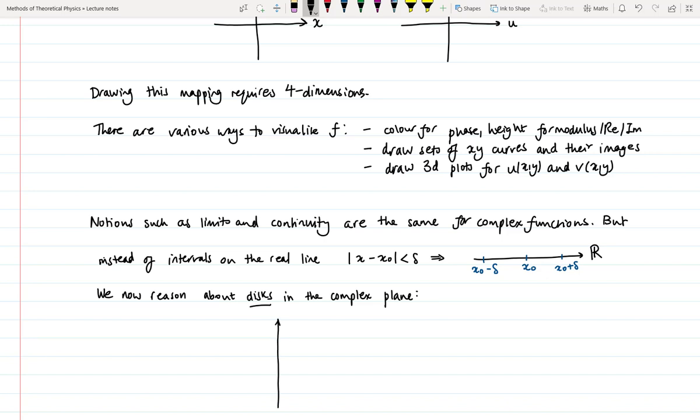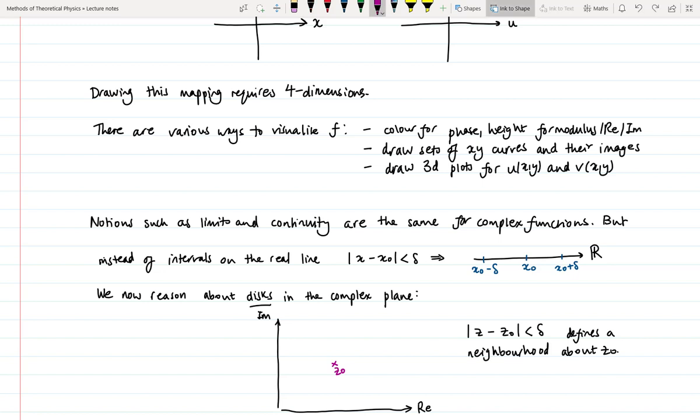So we give ourselves a real and imaginary axis, and we might have some point of interest, z0, and if we now say that we're interested in points z that are distance delta from the point z0, this now defines a neighborhood about z0.